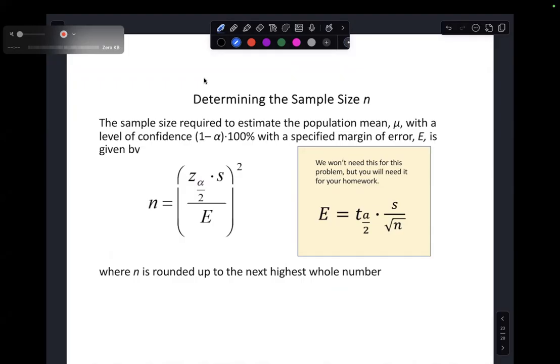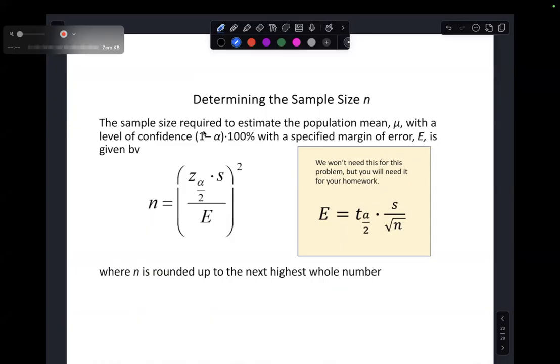When we're doing them with the means, we use t-scores or t-values, but we can't use a t-value if we don't know the sample size. Therefore, if you are finding the sample size for a confidence interval of a mean, we have to use the z-score.